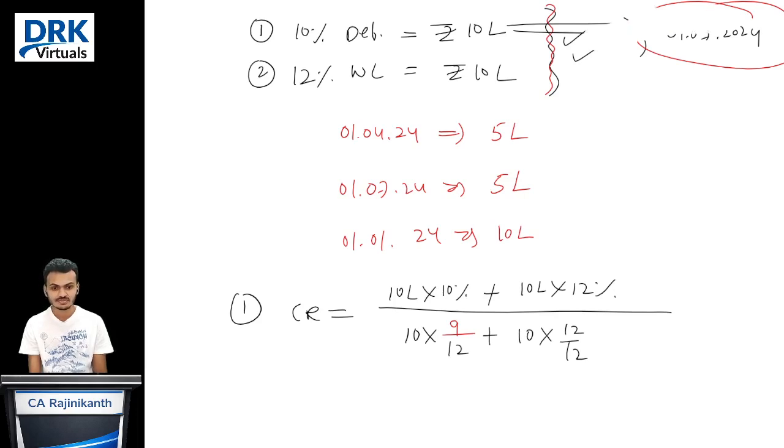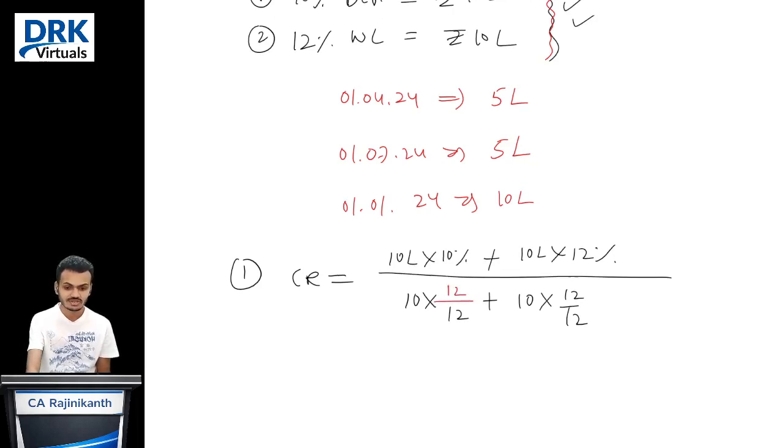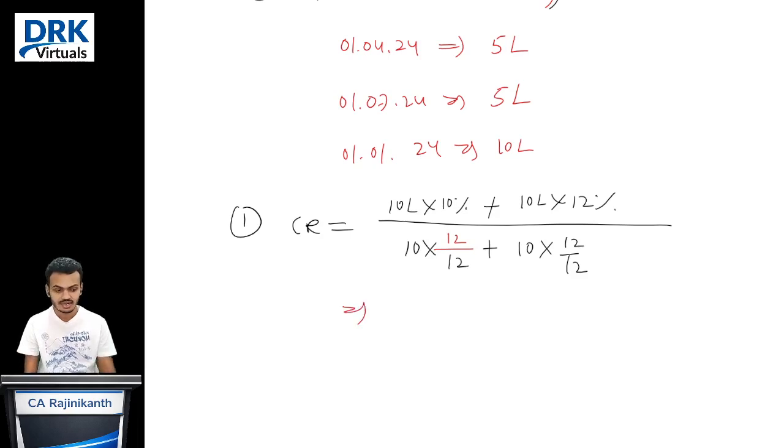Okay. And this is not 9. It is 12 by 12. So how much? 10 lakh into 10%, 1 lakh. Correct? This is 1 lakh plus 10 lakh into 12%, it is 1 lakh 20,000, divided by 10 lakh plus 10 lakh.